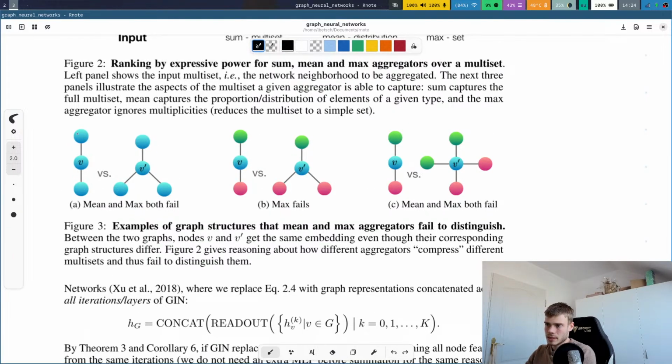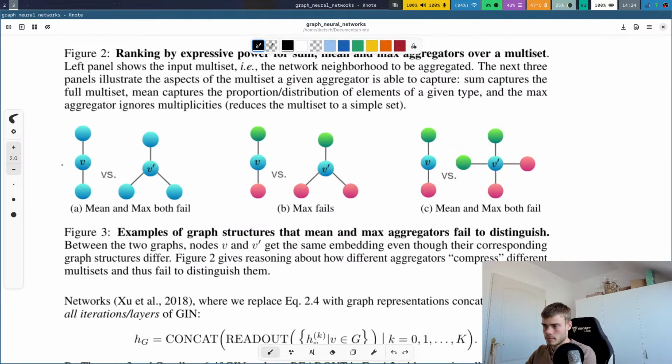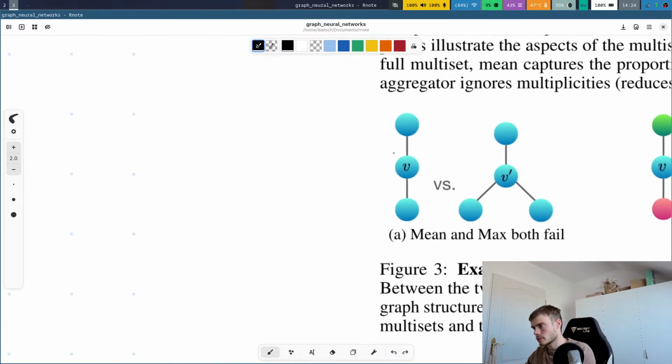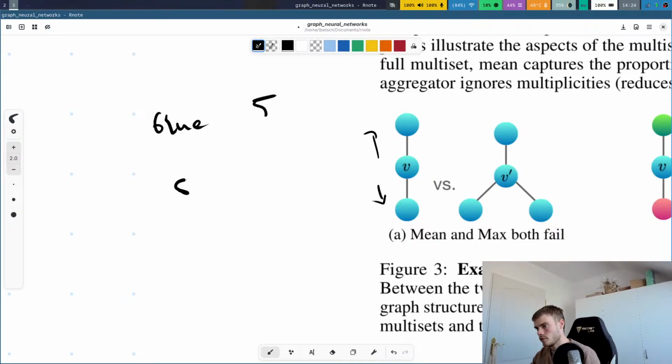But this is the problem with the sum, let's say blue has the value 5. So sum would look at this and at this. They have 5 plus 5, which is 10.